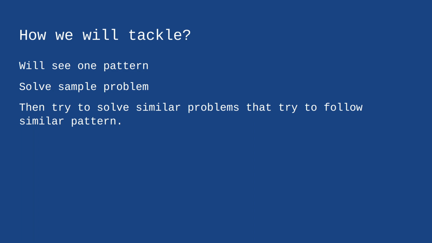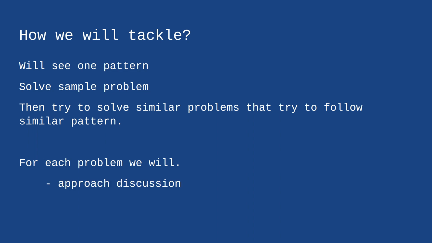For each and every problem, we will have one approach discussion. We will look at the problem, we will start with a really naive solution, and then we will move towards developing an optimal solution for that problem. And once we have reached the optimal solution, we will code that solution out using one programming language.